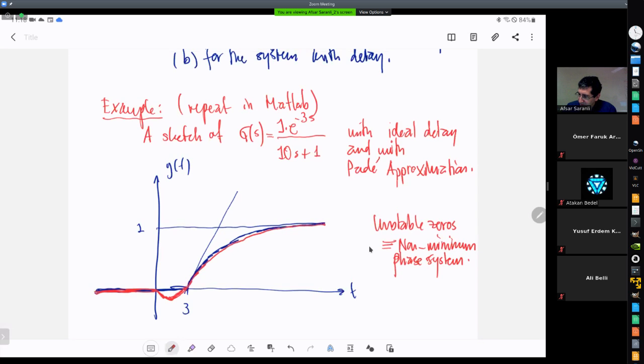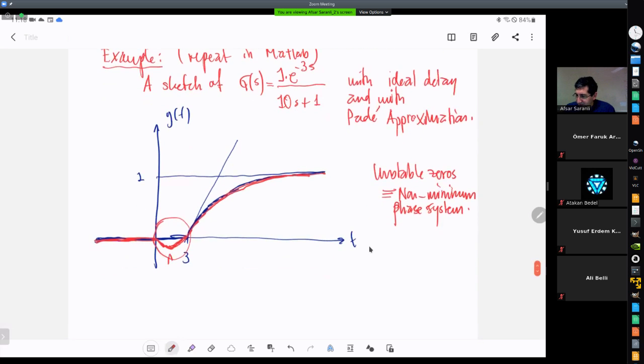Okay. So here is kind of the approximation effect of Padé. Okay, and this is known as an undershoot.